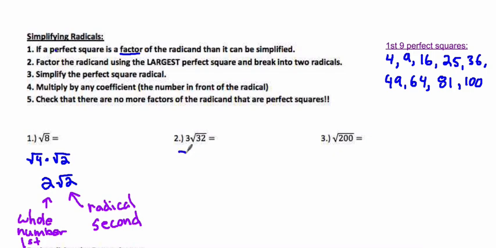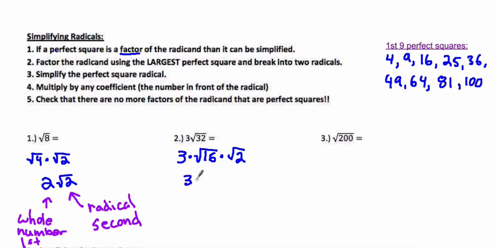So 3 is going to stay out front times 16 times 2. Right? So if I were to multiply all these back together, I would end up with 3 root 32. Now I'm just going to take the square root of 16, which is 4.